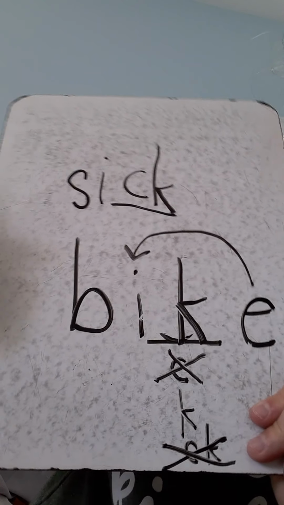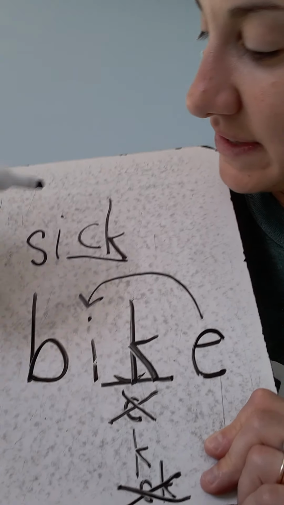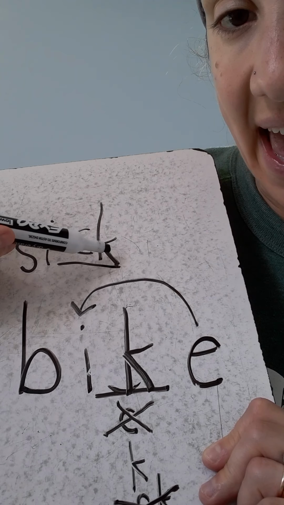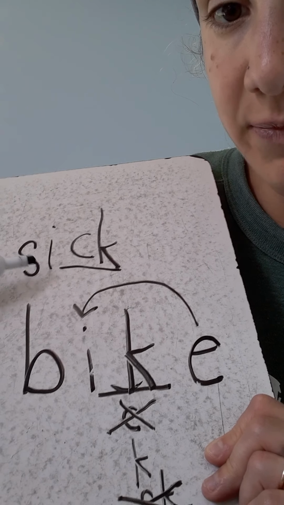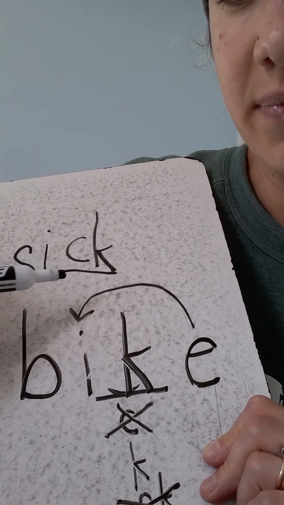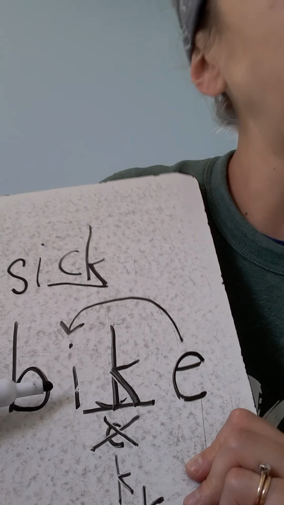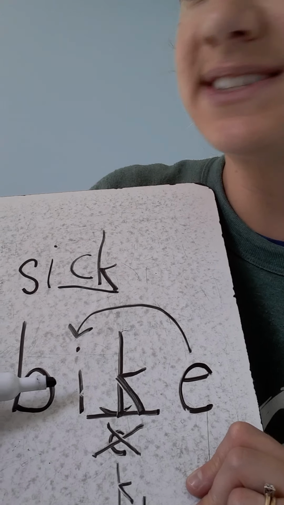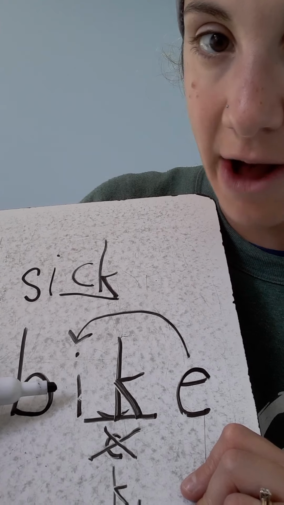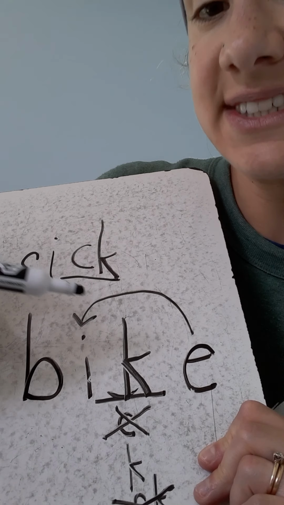So in the word sick, I used CK because I had a short vowel. Short vowel, CK. In the word bike, I could not use CK because there was not a short vowel. So short vowel, CK.